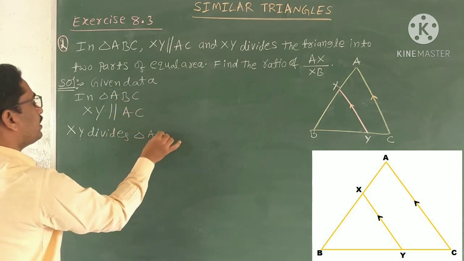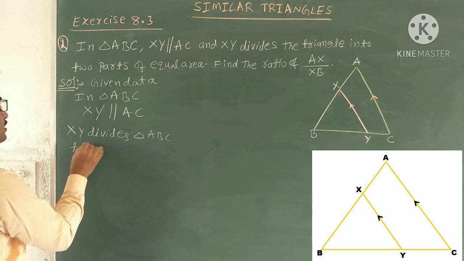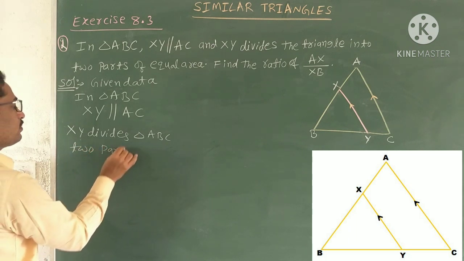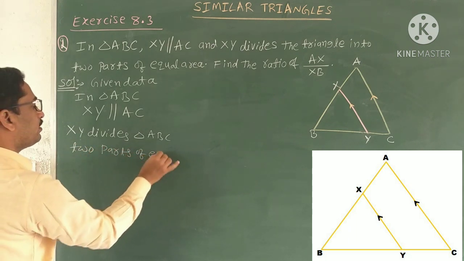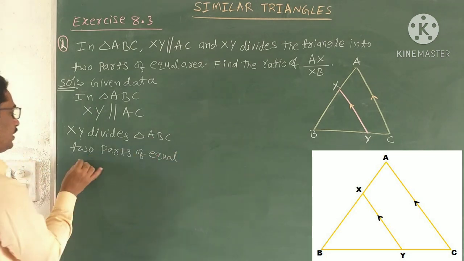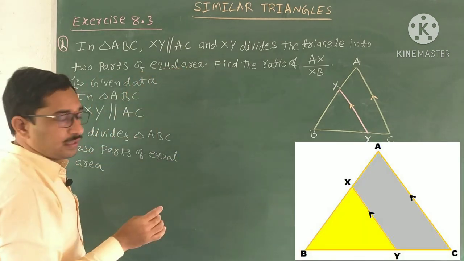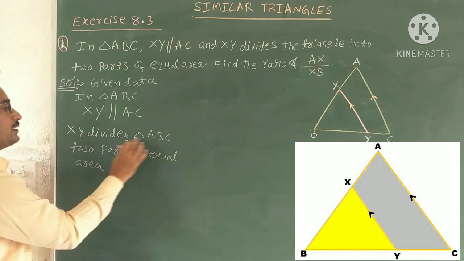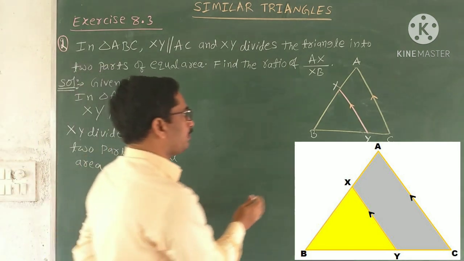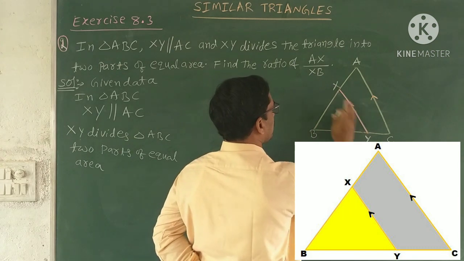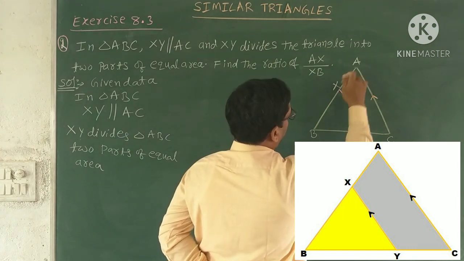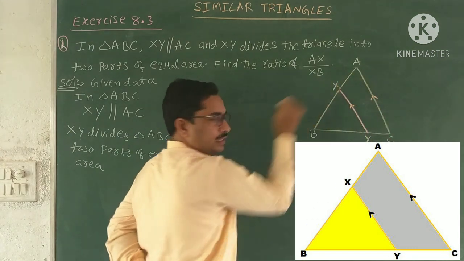Then see what happened. XY divides triangle ABC into two parts of equal area, means this part BXY is the same as AXYC. These two parts have the same area.